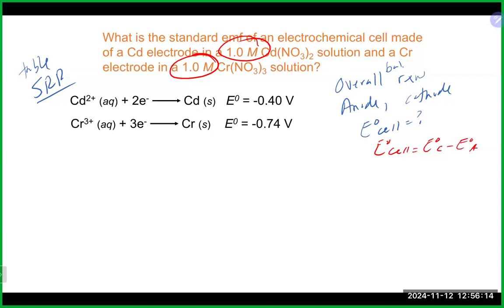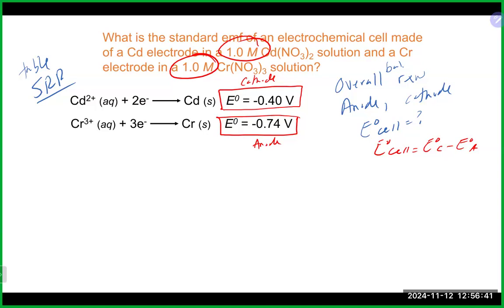In this case, because they didn't really tell us what's going on, we want the one that's more positive. They're both negative, but out of the two negatives, this one here should be the more positive one, as it's closer to 0, right? So that makes it more positive. So this should be our cathode because of that, and this should be our anode in that case. Any questions on that there?